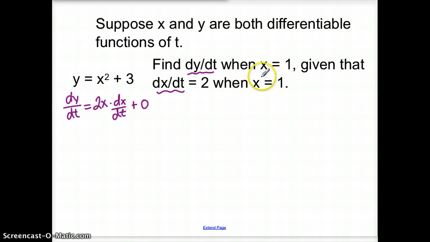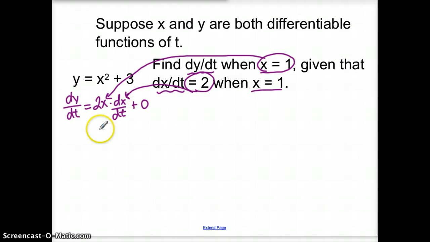Now we plug in the things that they've given us. We're trying to find dy/dt when x equals 1. So after we've taken the derivative, we plug 1 in for x. Given that dx/dt equals 2, we can plug 2 in there. So the rate of change of x based on time is 2 when x equals 1. We can't plug in any of these numbers until after we've taken the derivative.